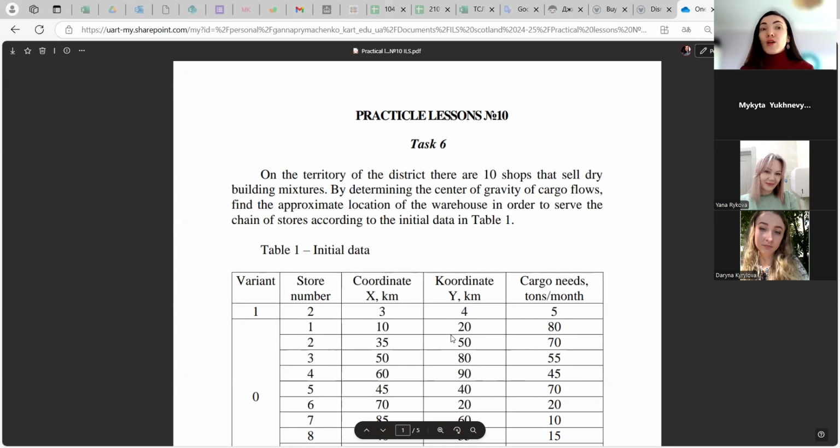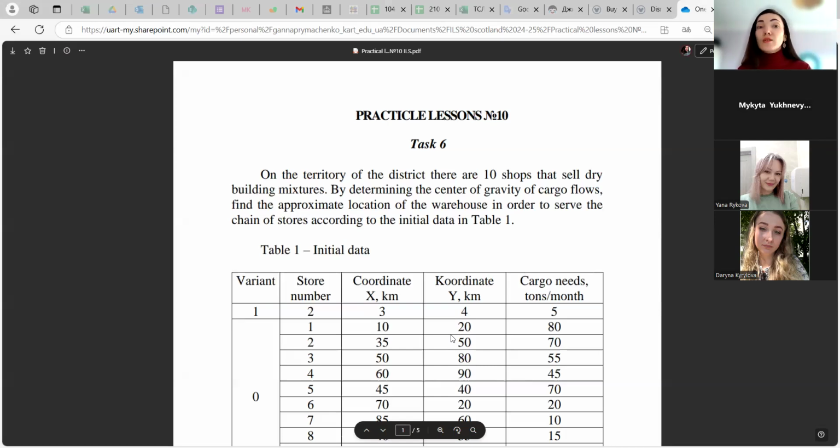What do we need to do today? We have such information that on the territory of the district there are 10 shops that sell dry building mixtures. Maybe it contains sand or other types of stones, and it is dry. Maybe it is in some boxes.